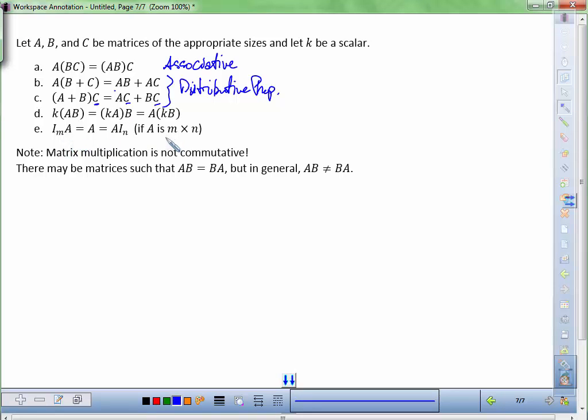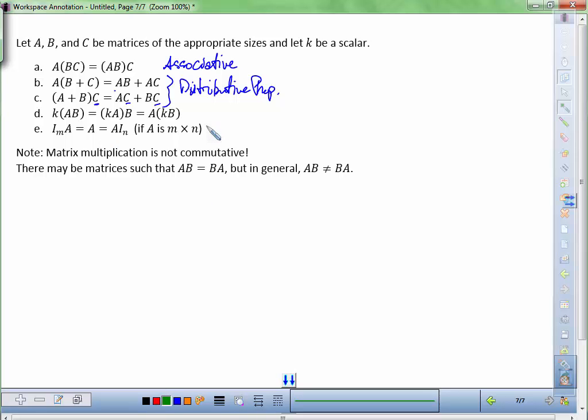You can have A as an m by n matrix, and if you multiply it by an appropriate identity size on the left side, it's the same. The identity times a matrix A is going to be the matrix A itself. And that works for the other way as well.